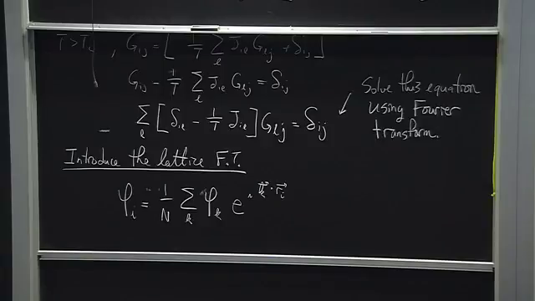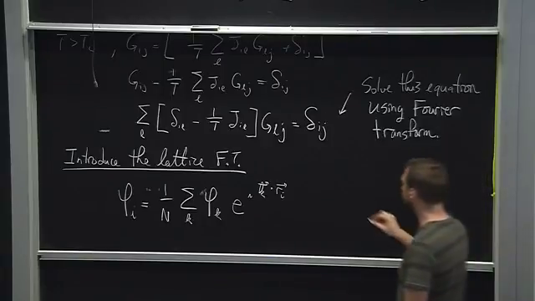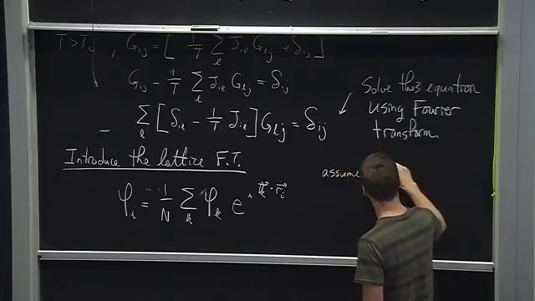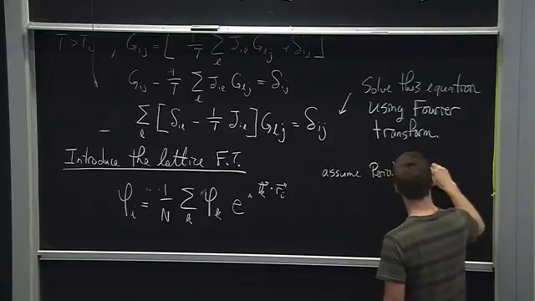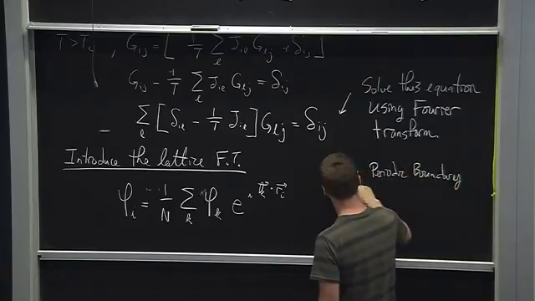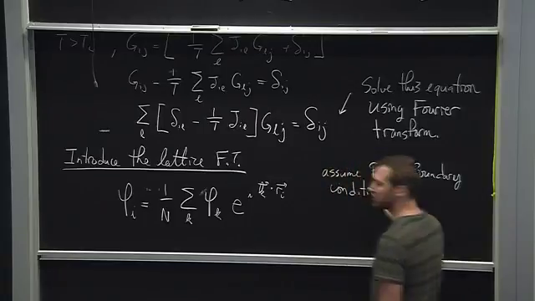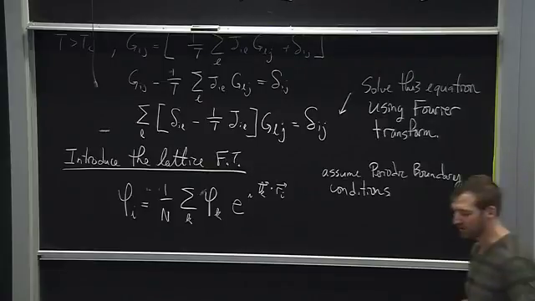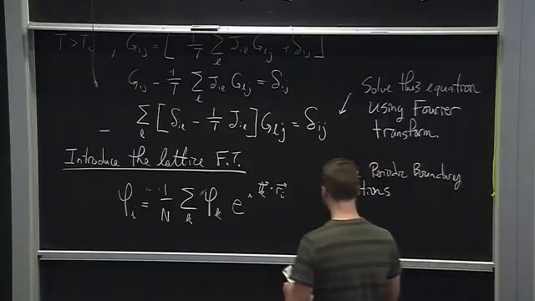And everything's simplified when we assume periodic boundary conditions. Which for our purposes means that if you've translated by the lattice linear size, then the field returns to its original configuration.